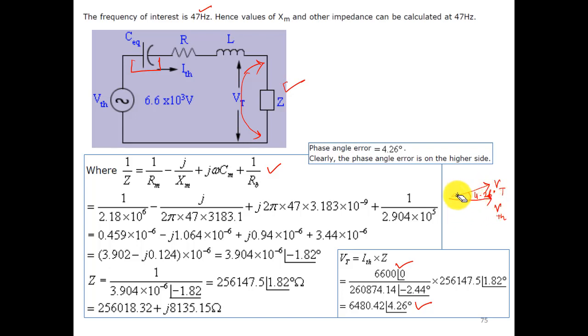So that is the phase angle error. In fact, if VTH is fed to the burden directly, there will be no phase angle error. Because of these reactances coming into the picture, because of the frequency deviation, we are getting a phase angle error of 4.26 degrees. That is your phase angle error.